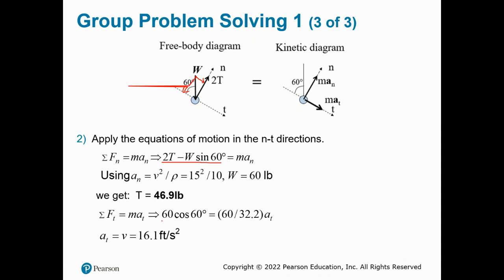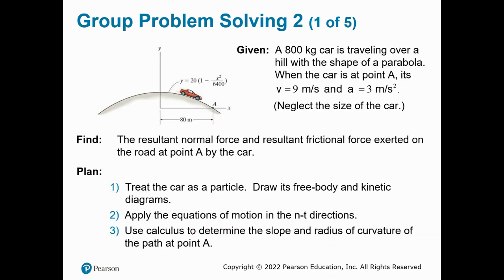Along the tangent direction, you have 60 cosine 60, right? Only the weight acts in that tangent direction, that is the only force acting on it. Putting that together, it equals m times a_t, my mass times the acceleration in the tangent direction. That will give us the acceleration in the tangent direction.